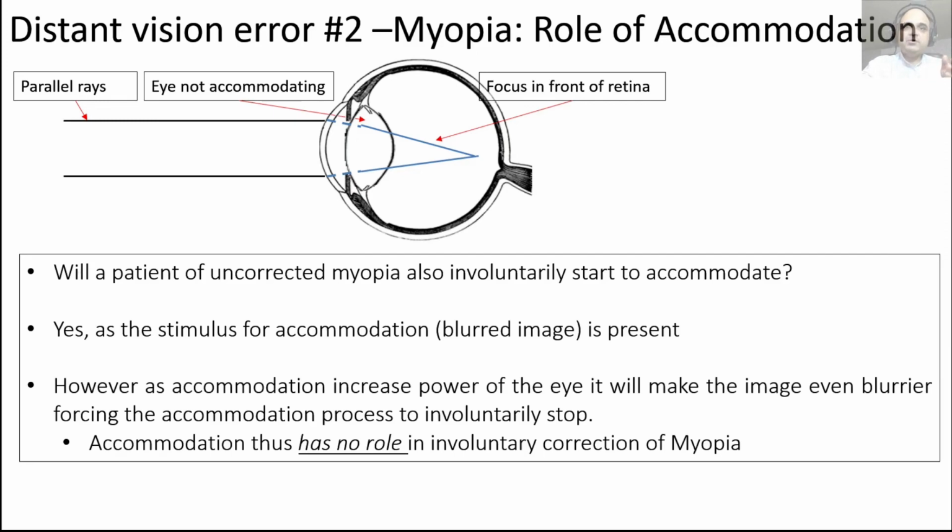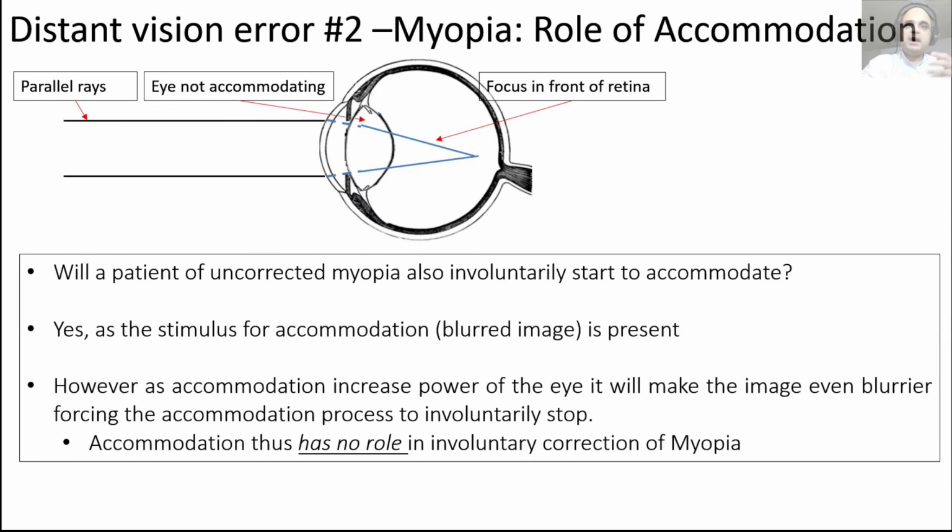And hypermetropic children can cover their error very easily, but myopic children can't, because there is no way you can cover your myopia. So you ask a myopic child who is just starting to learn her ABCs or his ABCs, and you say, can you pick out A? They won't be able to pick out A because they can't see the A. There is no way they can compensate for it.